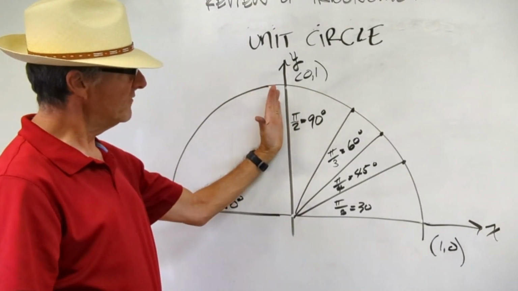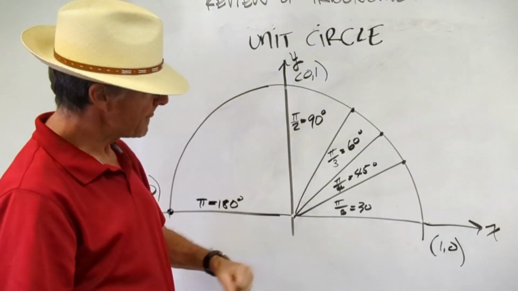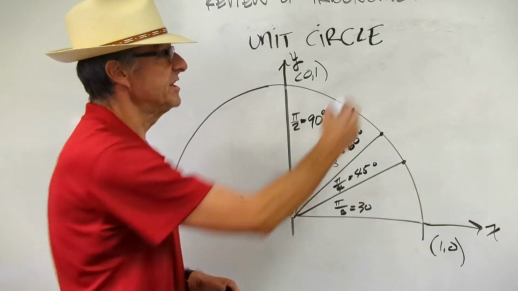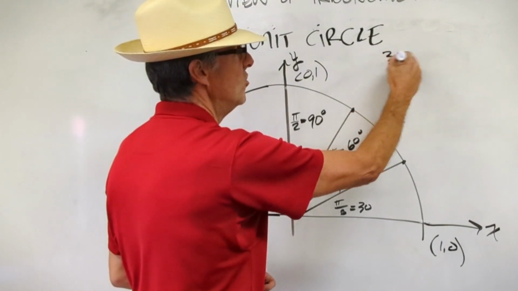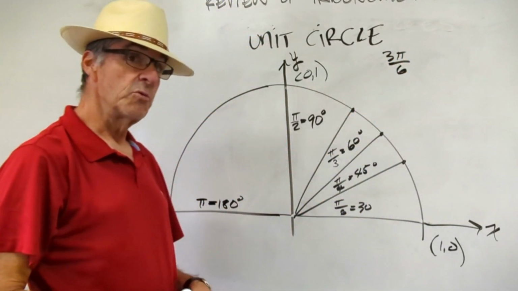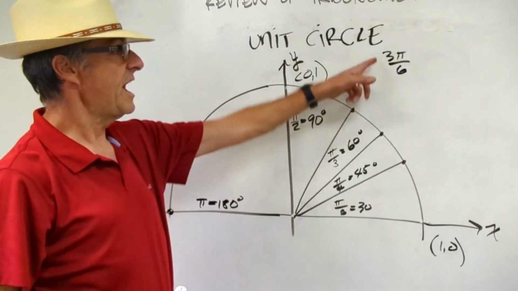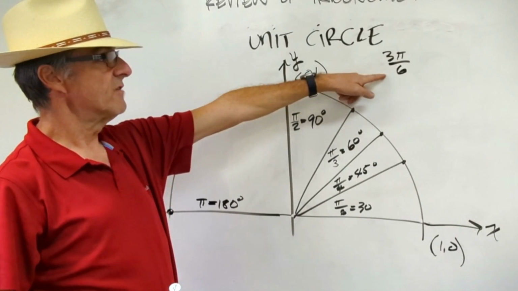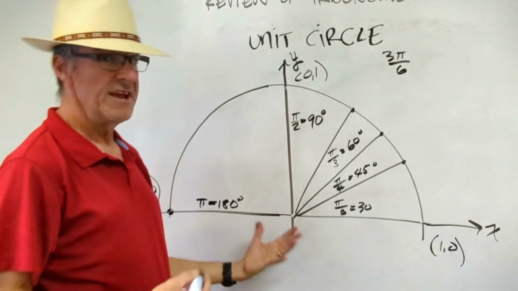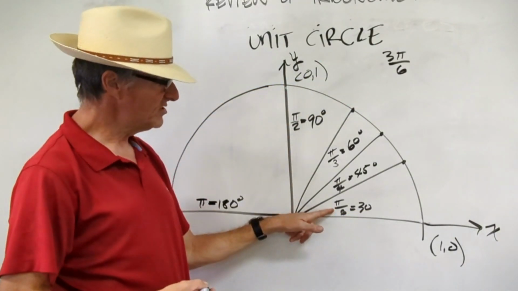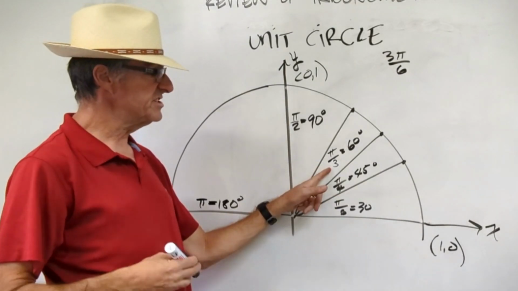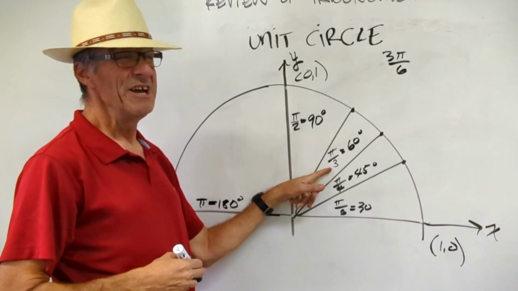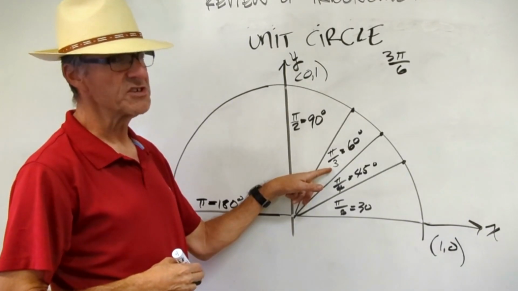So here we go. We've got pi over 2. Pi over 2 is really 3 pi over 6. So if we want to divide that into 3, we're going to have 1 pi over 6, 2 pi over 6, and 3 pi over 6. And here we go. We've got our 30 degree, that's pi over 6. We've got our 60 degree. Pi over 3 is really 2 pi over 6.